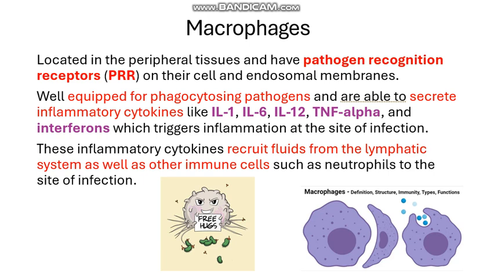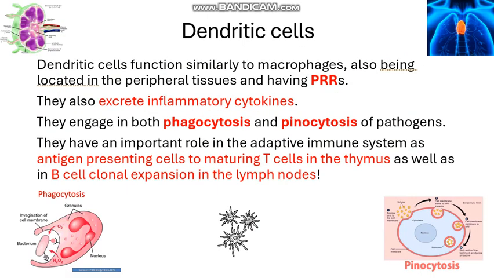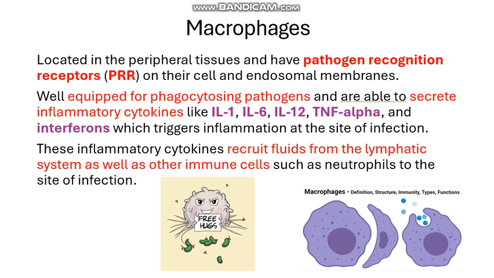Macrophages are well equipped for a process called phagocytosis, shown here on the bottom left and here on the bottom right, where essentially the macrophage extends itself, it expands to envelop and surround pathogens, encasing them in a vesicle, which is then taken inside the macrophage and gets broken down by other vesicles produced by the macrophage containing enzymes and chemicals that destroy the pathogen.